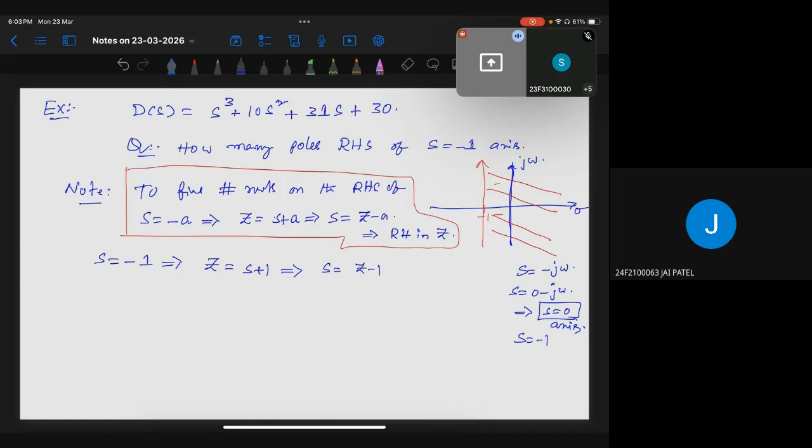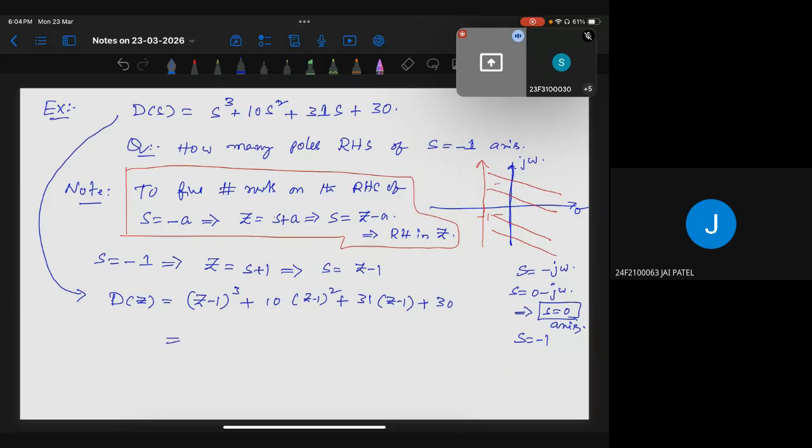So this polynomial we write as D of Z. Wherever there is S, substitute Z minus 1. Clear?